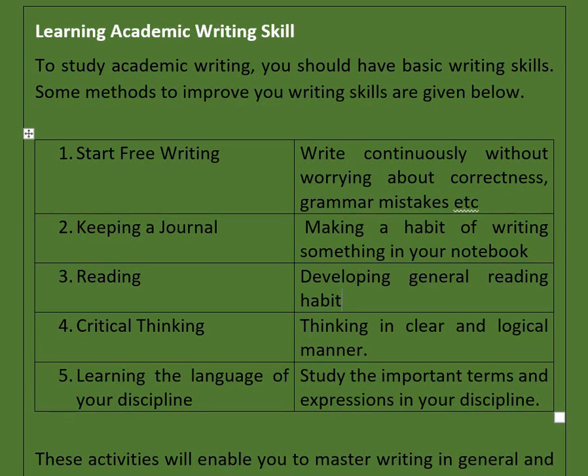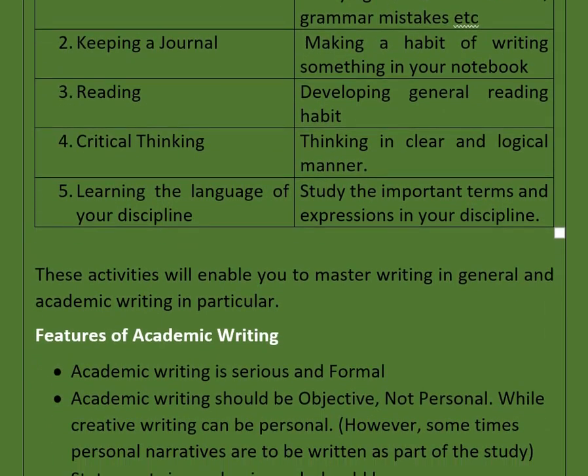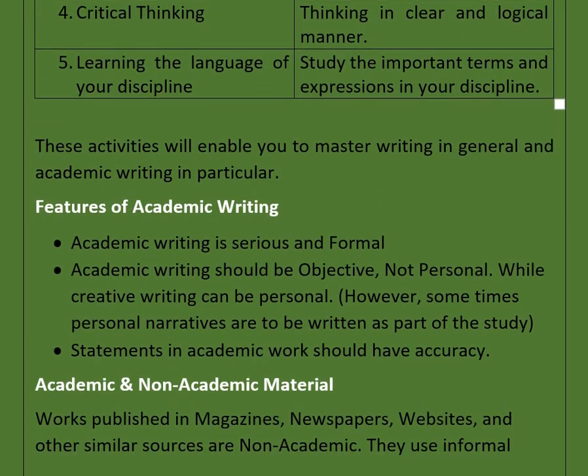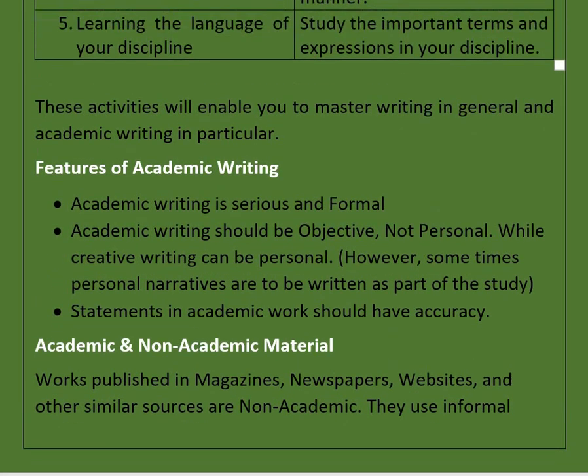So these are some of the methods to improve the writing skills: start free writing, keeping a journal, reading, critical thinking, learning the language of your discipline. Then these activities will enable you to master writing in general and academic writing in particular.